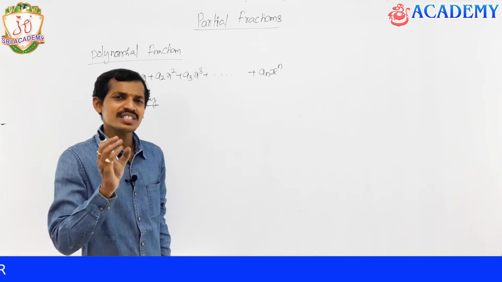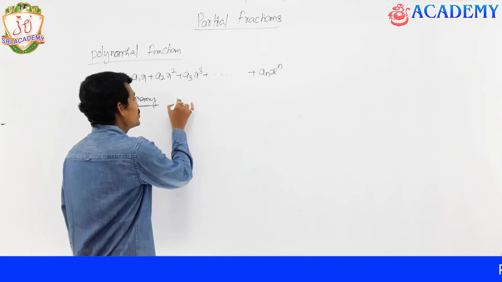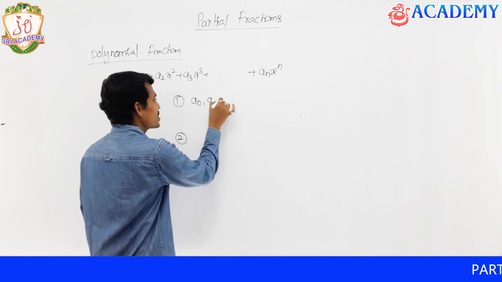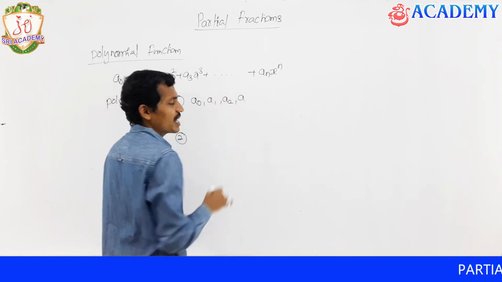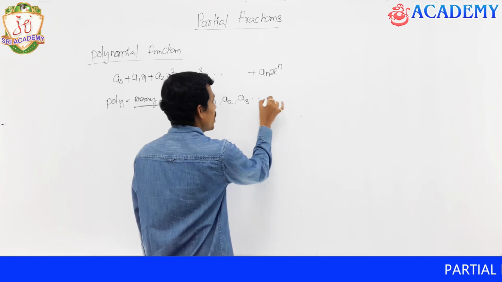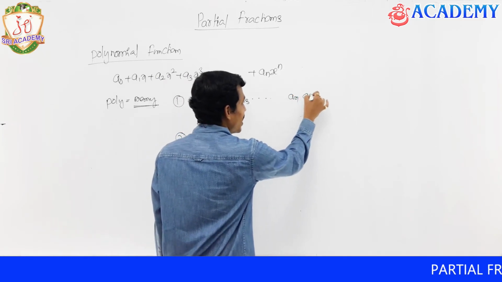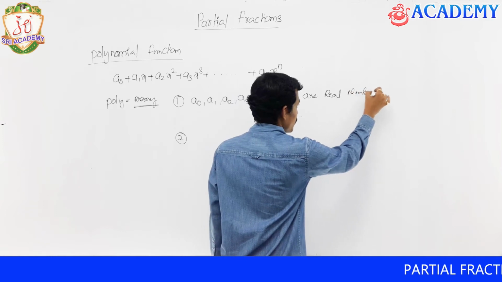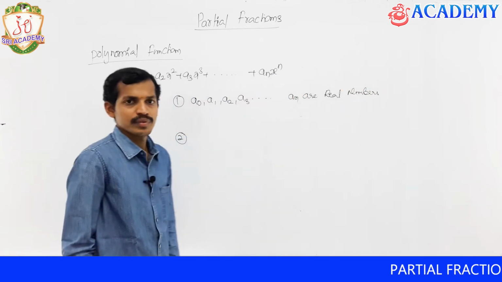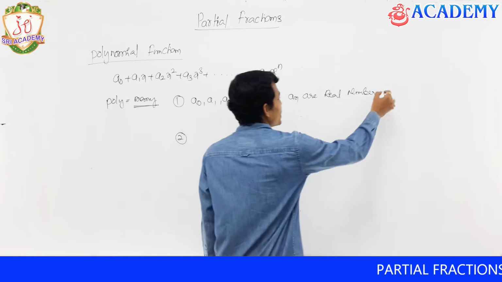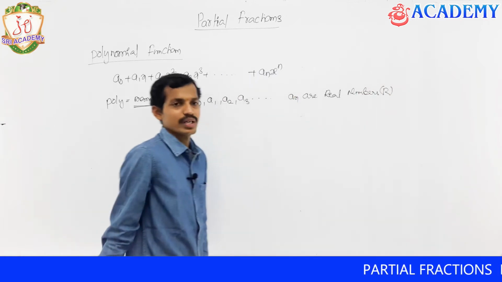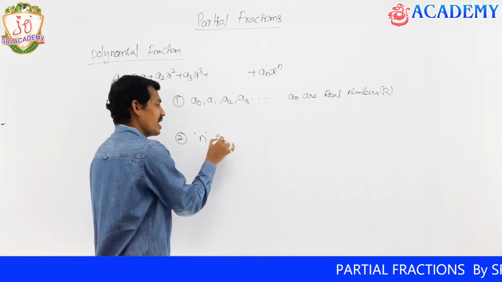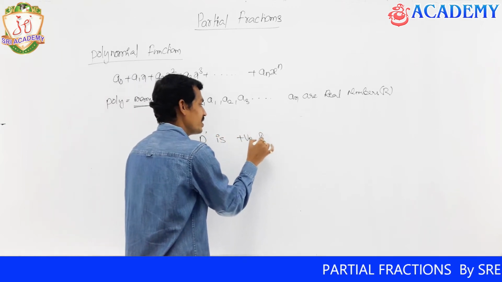To say one function is polynomial function, it should satisfy two conditions. One is the coefficients of x, that is a0, a1, a2, a3 up to so on, an are real numbers. Real numbers you can know that is R. And the power, that is n, is always a positive integer.